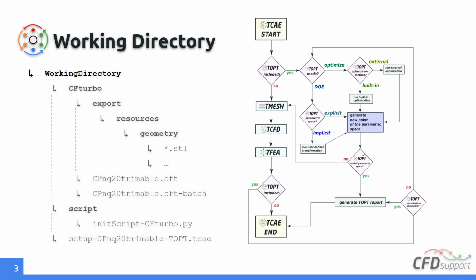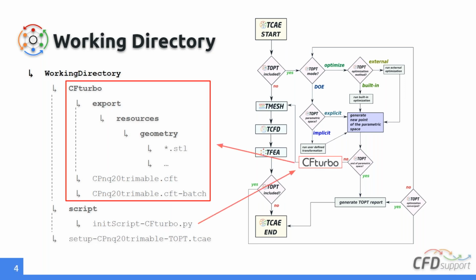So now, if you would like to incorporate some external tool for generating the geometry, then using the initialization script, which is run for each optimization run, we trigger the CFturbo batch mode, for which we provide, as I will show you, basically just the parameters which have to be used for the new geometry generation.